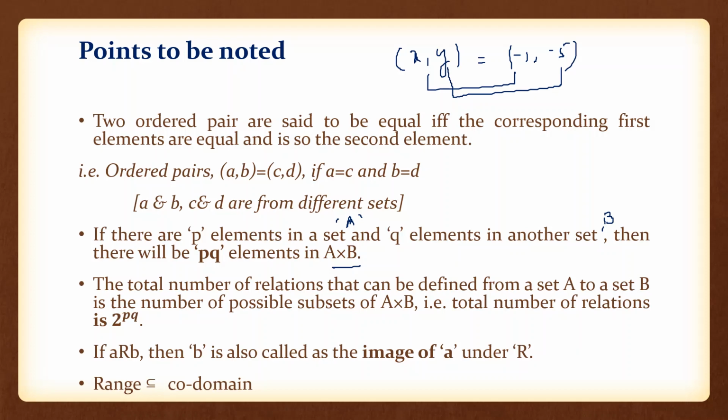The total number of relations that can be defined from A to B is called the total relation.